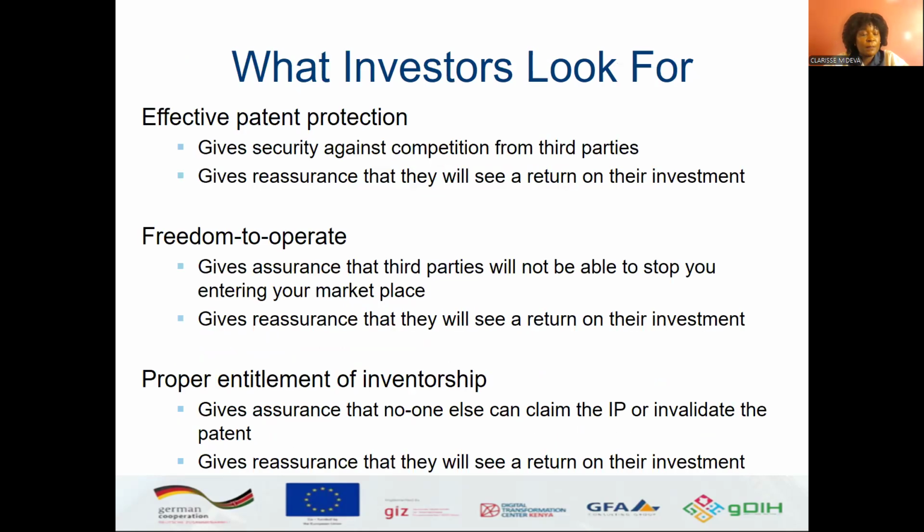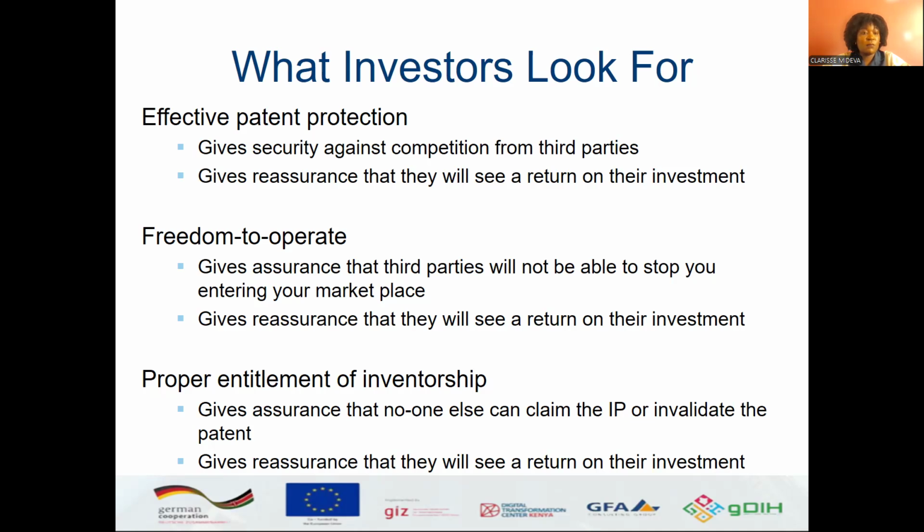So remember that investors will look for an effective patent protection. If I am an investor and I want to invest in your SME, for instance, I will not just come and look at what you have. I will want to know whether you have protected it and you have a patent for it, and you have done proper documentation. But critical to it is that you must have an effective patent protection strategy as an SME.